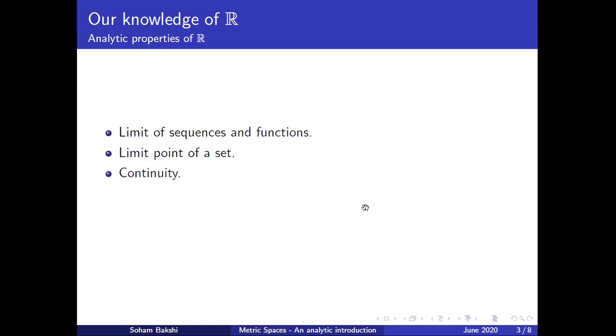Then we have continuity, differentiability, and integration. All of this we have on the set of real numbers, for functions defined from R to R. We know what we mean by continuity, differentiability, and integrals of such functions. You have learned almost all of these in 10+2.